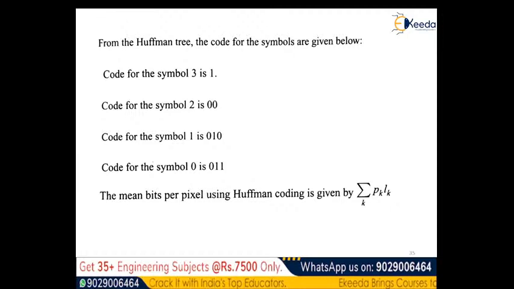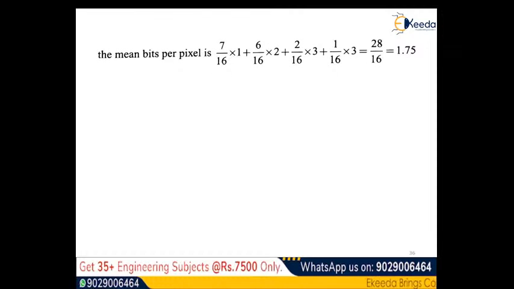So the average bits per pixel is given as 7 by 16 into 1, added to 6 by 16 into 2, then 2 by 16 into 3, further added to 1 upon 16 into 3. This gives us the numerator 28 divided by 16, and that results in the value 1.75.